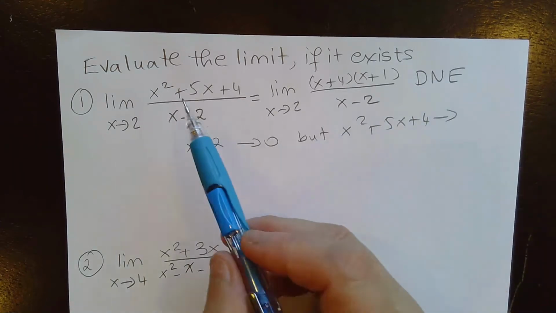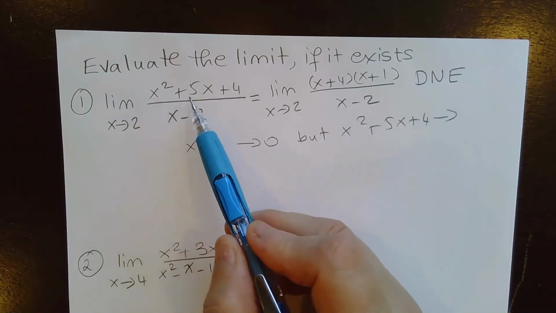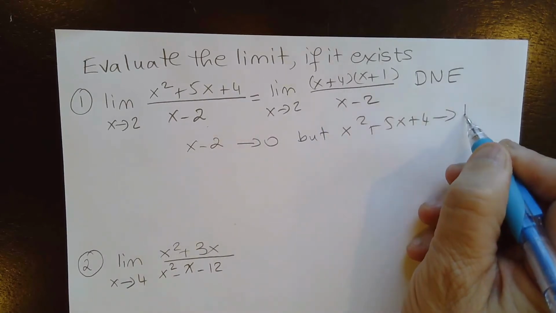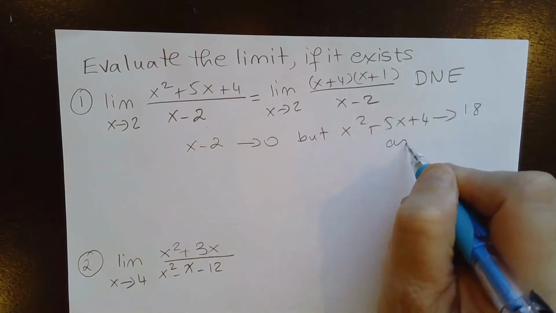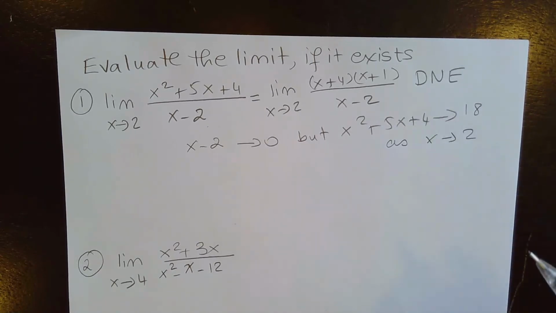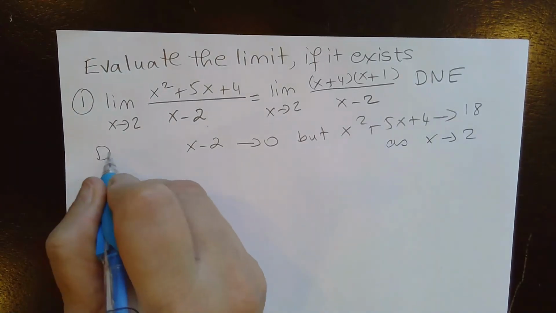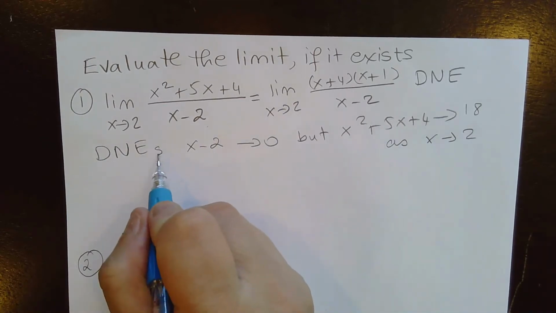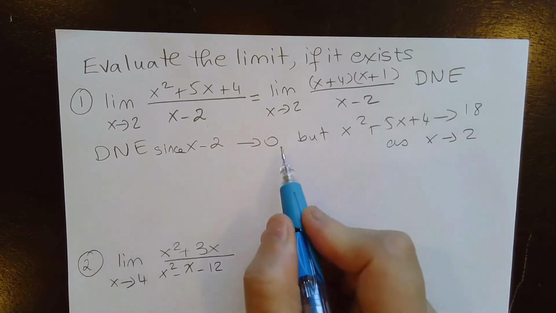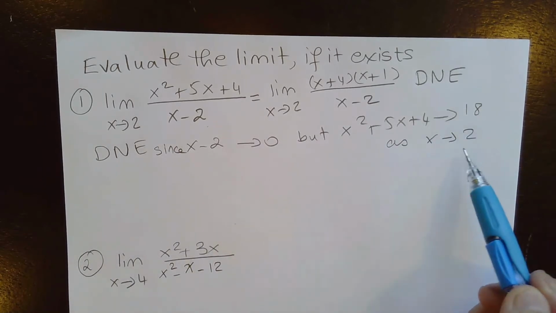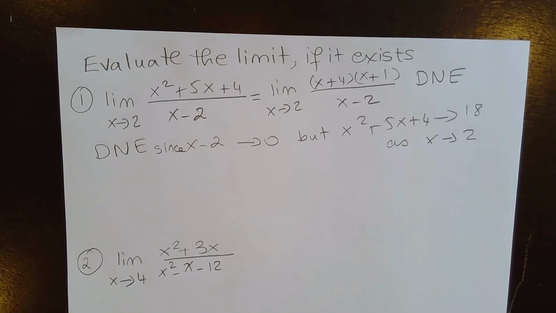If you plug in 2, that's 4 plus 10, 14, plus 4, that's 18. It approaches 18 as x approaches 2. So this limit does not exist since the denominator approaches 0, but the numerator approaches 18 as x approaches 2. So this is our first example.